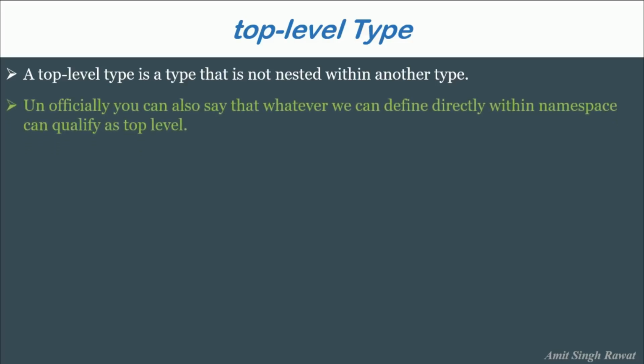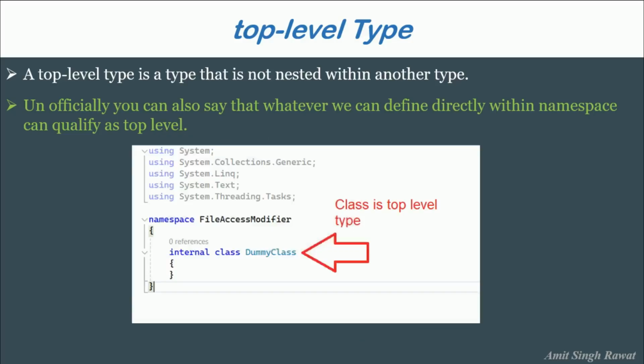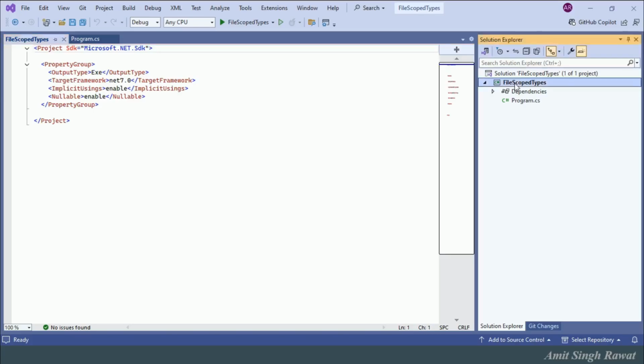Unofficially, we can also say that anything we can define directly within a namespace qualifies as top level. So we can create a class within a namespace. So class is our top level type. Let's create a new class called HiddenWidget.